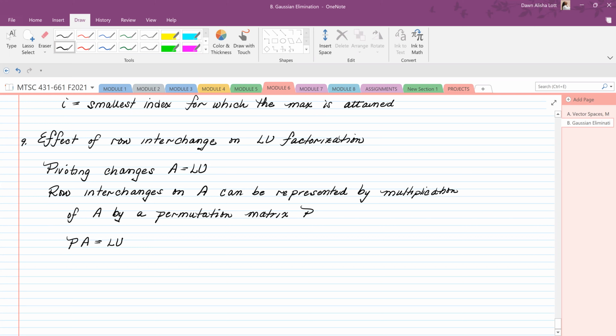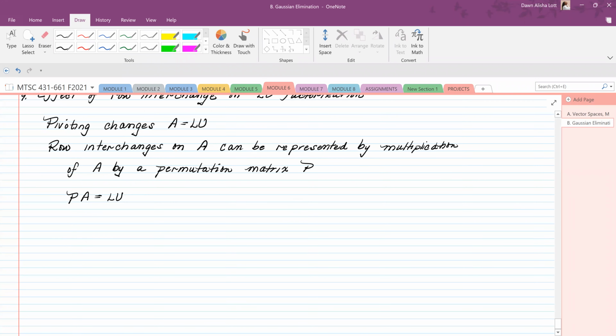So L is still the lower triangular matrix that you construct from the multipliers. U is still the upper triangular matrix that you obtain without pivoting. But P multiplied by A has changed it ever so slightly.